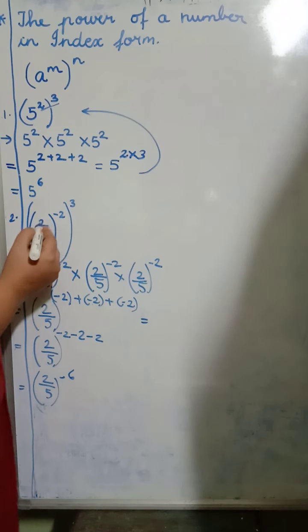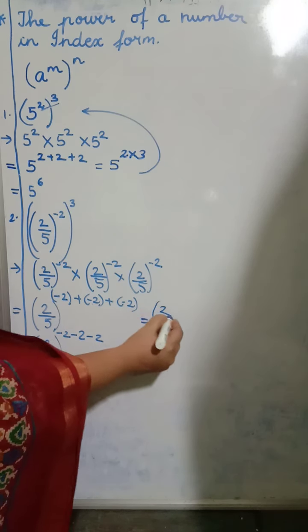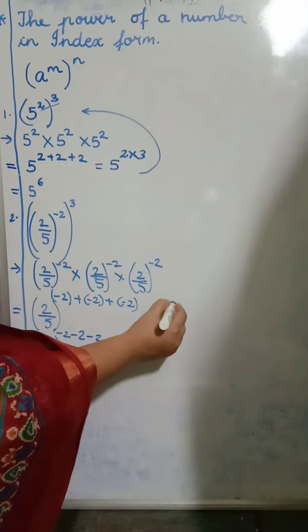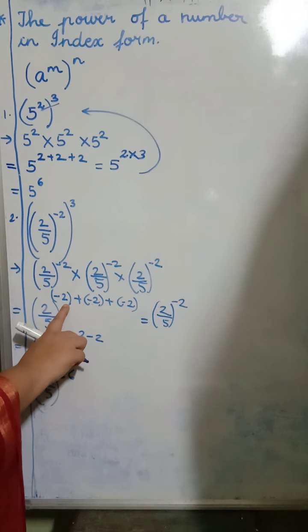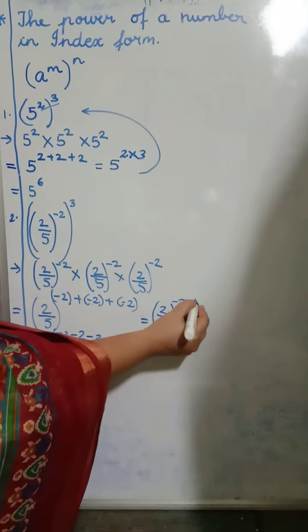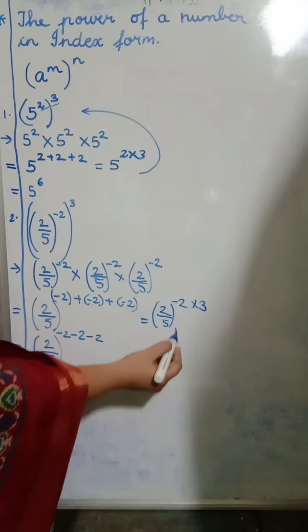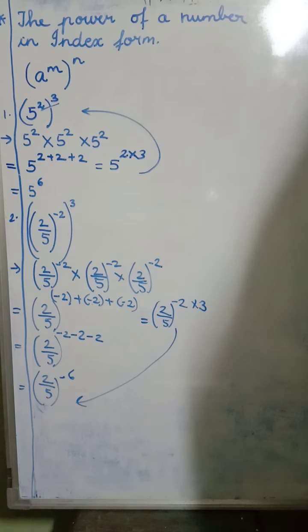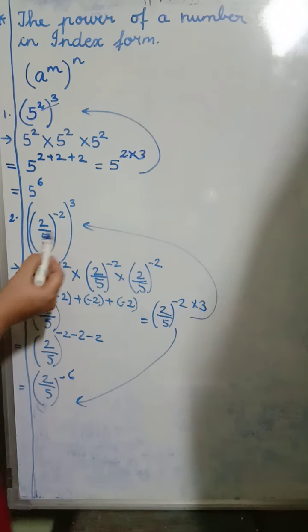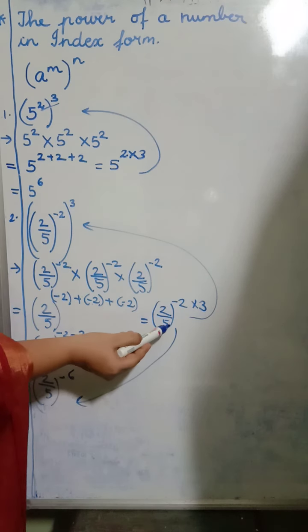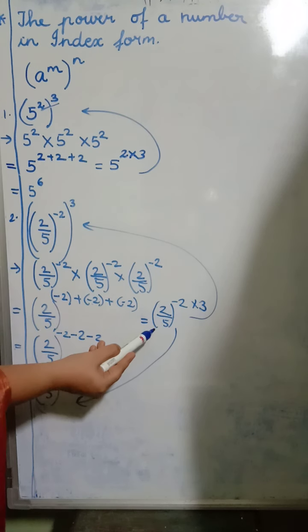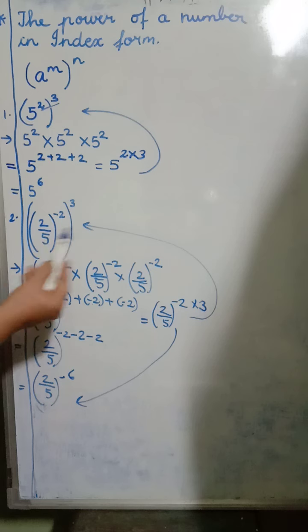Suppose the inner index form is 2 upon 5 raised to negative 2. Now negative 2 is 1, 2, 3 times, so shall I multiply by 3? 3 twos are 6. Are we getting the same answer? Yes. So can we do it directly in this form, instead of doing all these steps?